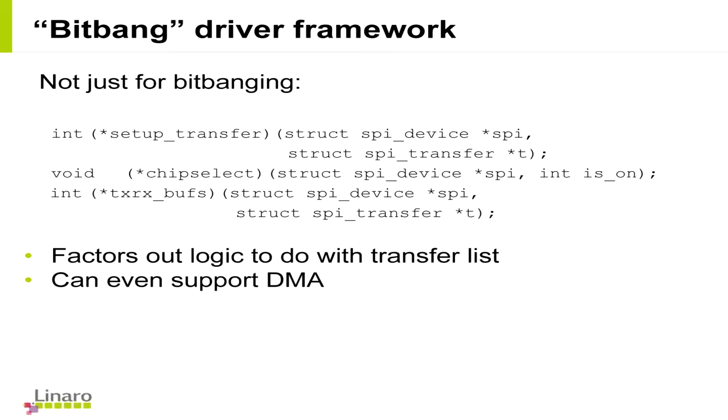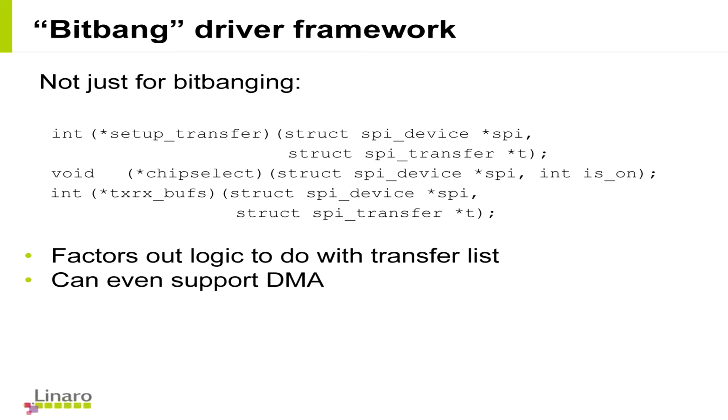It provides a framework which takes the message, queues it up in atomic context, wakes up a thread which will go and actually do the transfers, and calls into the driver to perform driver-specific operations that aren't generic. So you get three functions.